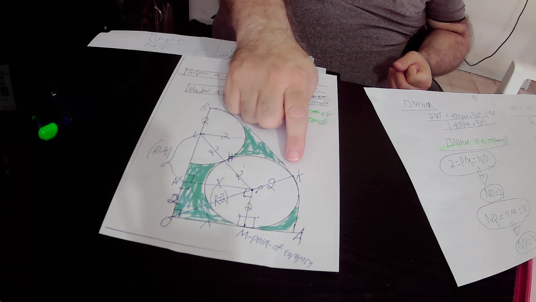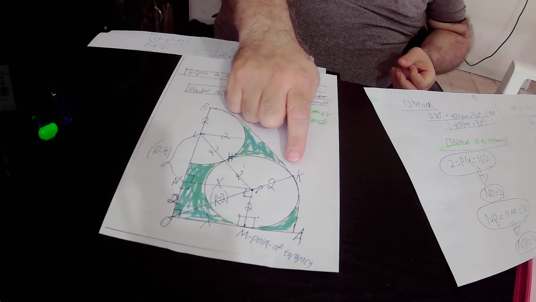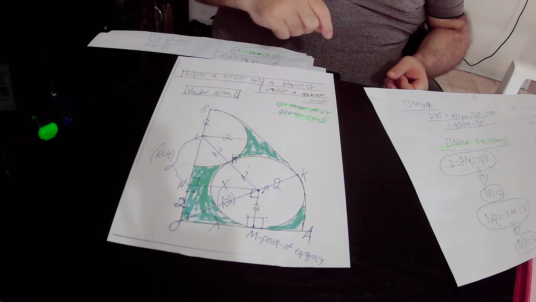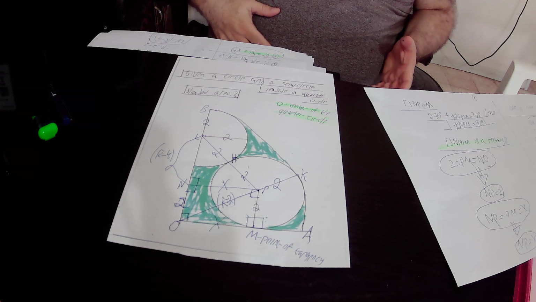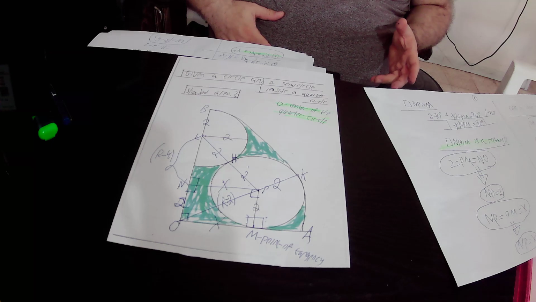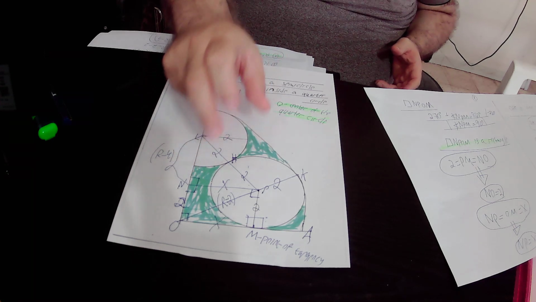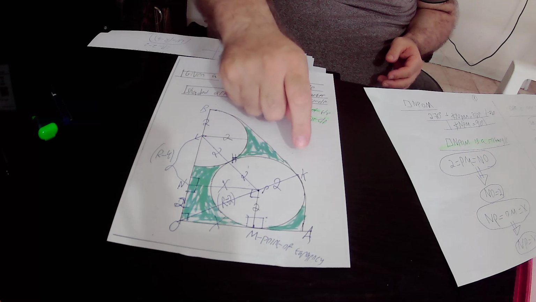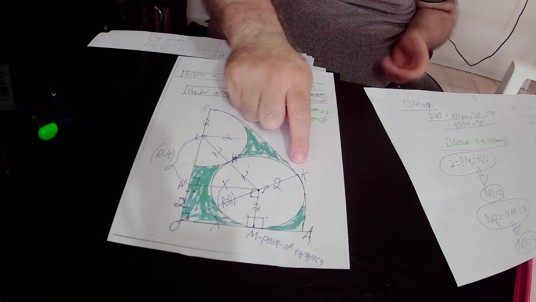That is to say, those two circular shapes are touching each other internally at point K. Point K is the point of tangency, and whenever you have an internal tangency between two circular shapes, then the straight line that joins their centers together must pass through the touching point of the two circular shapes.